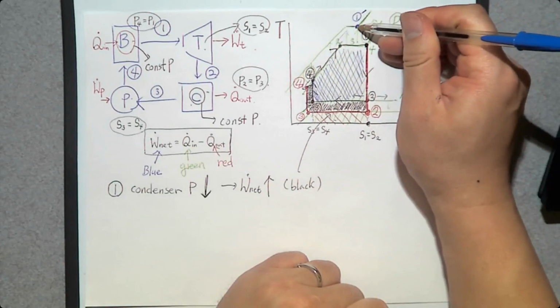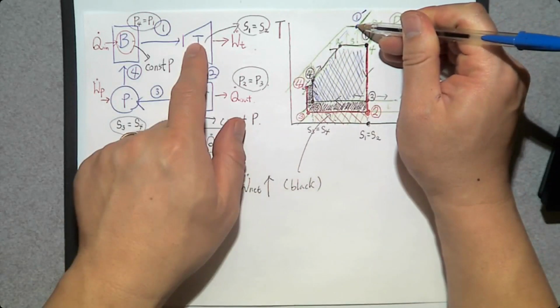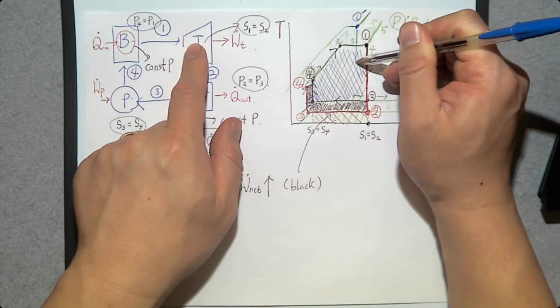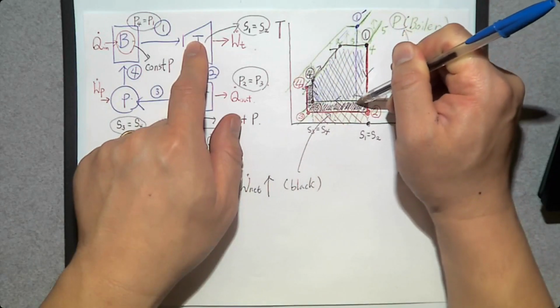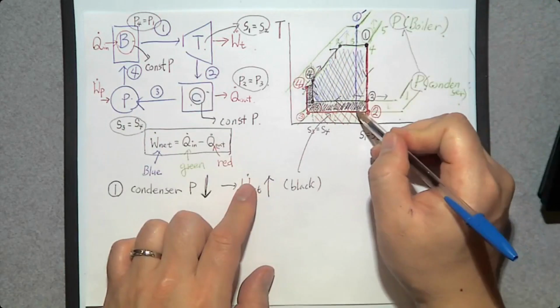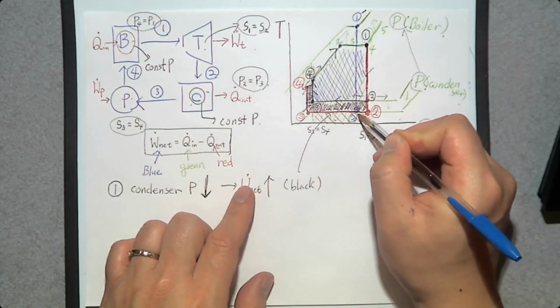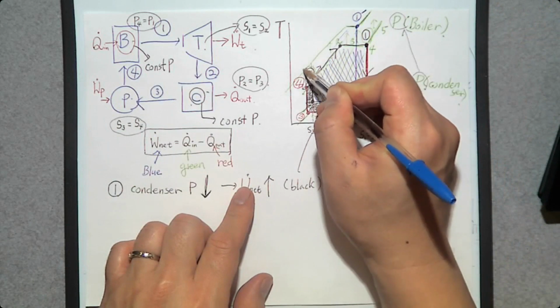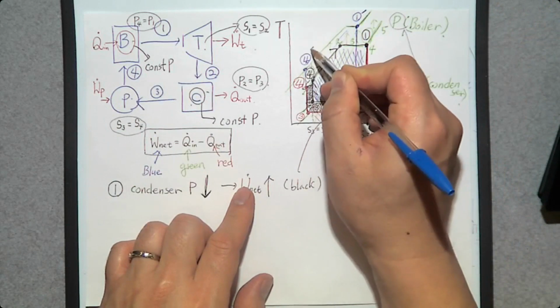That's good. So in the turbine, it expands isentropically down to here. And then this is new number 2 prime, goes to number 3, number 4. This is new number 4 prime.